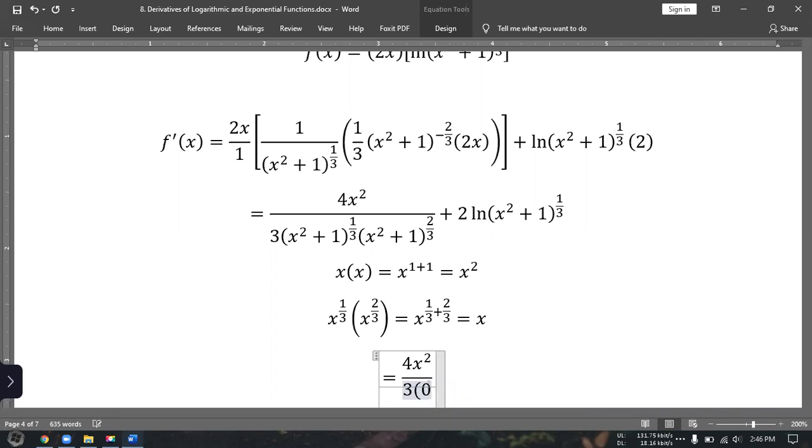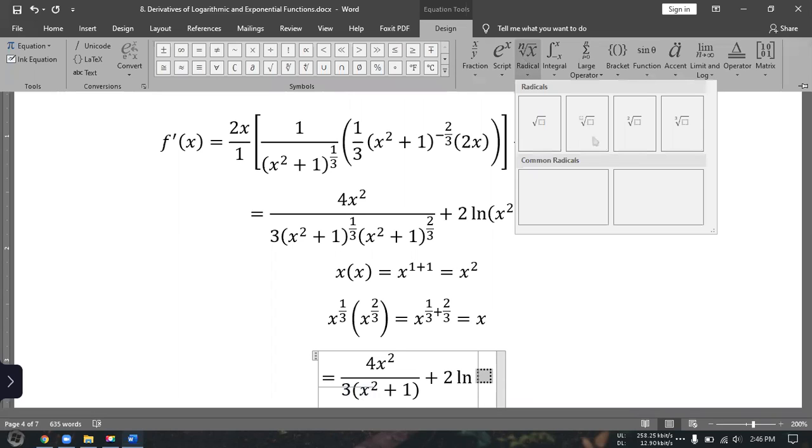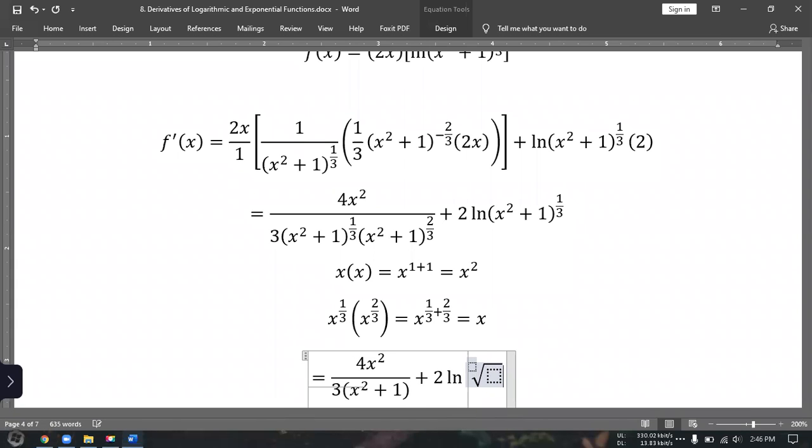We have x squared plus 1 na lang. That's 1. 2 natural logarithm of ito. By properties of radicals, we can rewrite this as the cube root. Cube root of x.